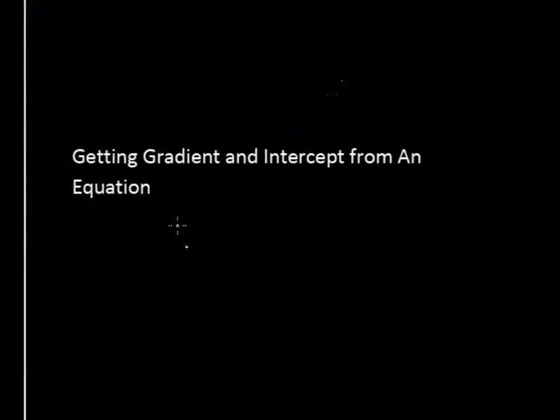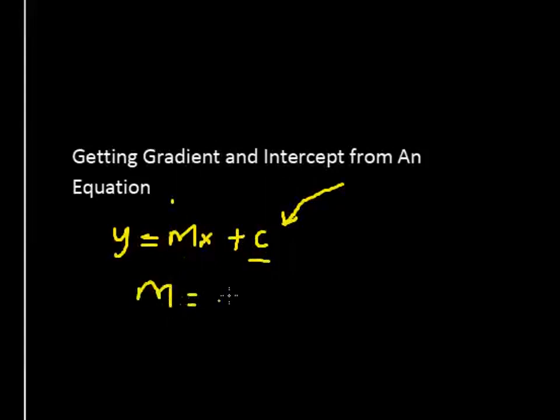Remember, the slope-intercept method is y is mx plus c. So which simply means that if I have an equation in this form, I can always obtain the gradient and intercept. To obtain the gradient, the gradient is simply m, which is the coefficient of x.